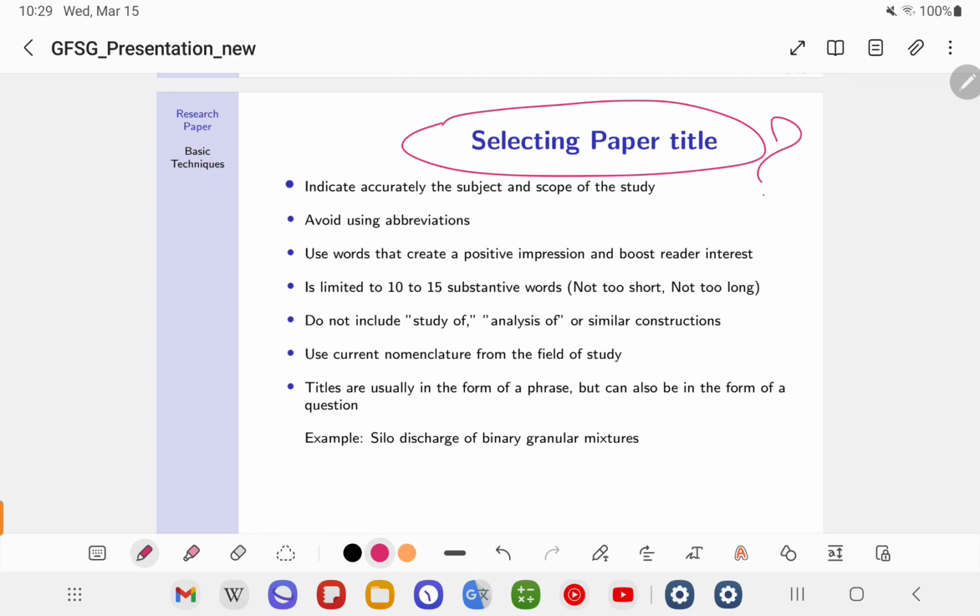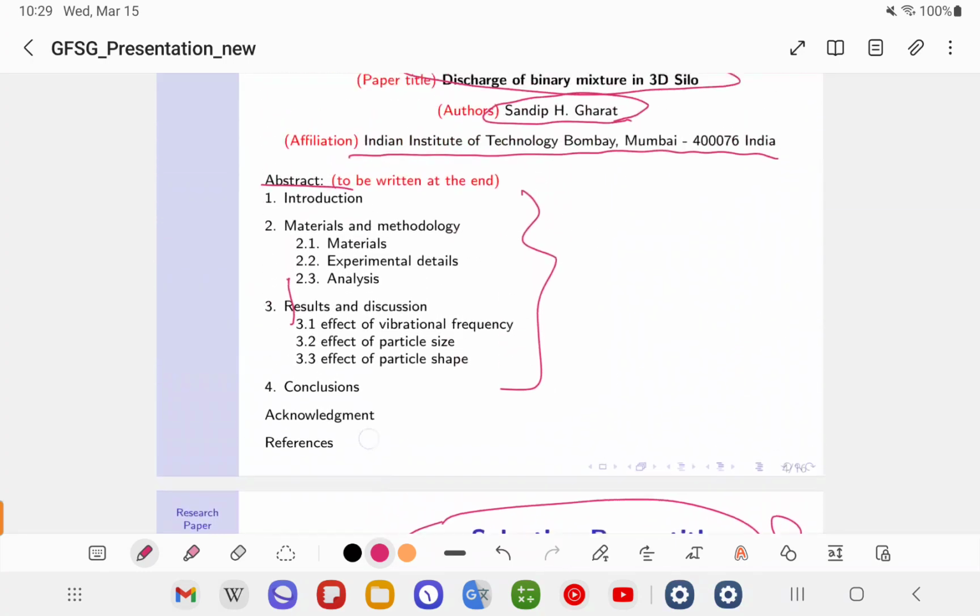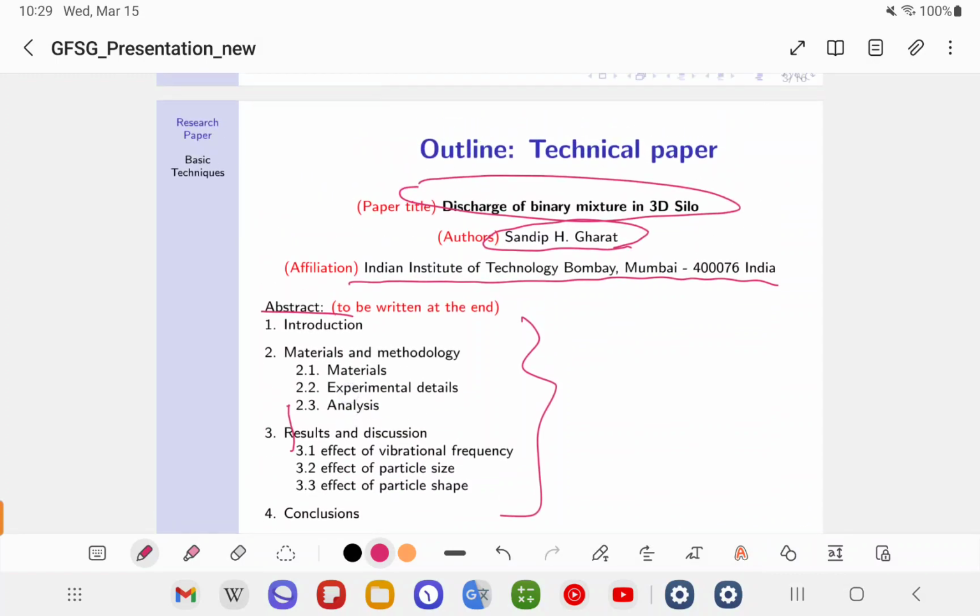Remember, the paper title describes your work. If you look at the paper title which I have mentioned, discharge of binary mixture in 3D silo, it gives me the idea it's a binary mixture, two components.